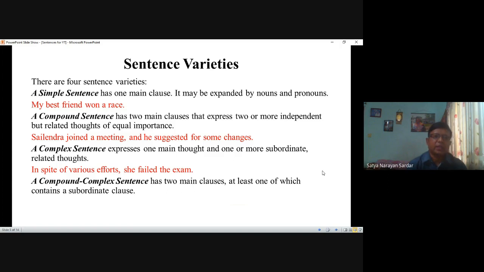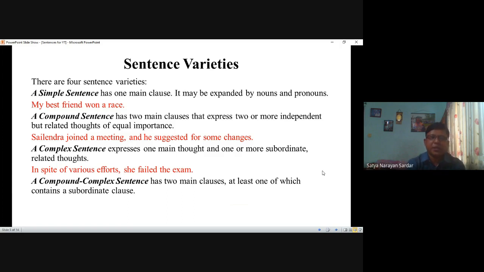Be clear about the four varieties. A simple sentence has one main clause, only one subject, one verb. My best friend won a race. I talked about the compound sentence. It has two main clauses that express two or more independent but related thoughts of equal importance.